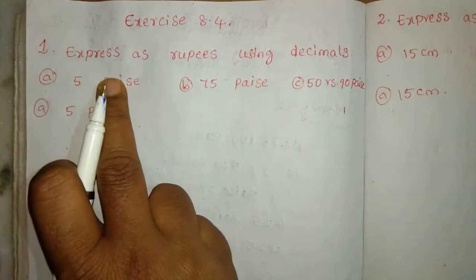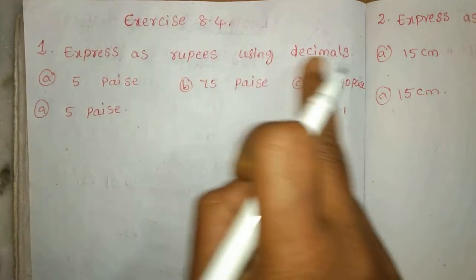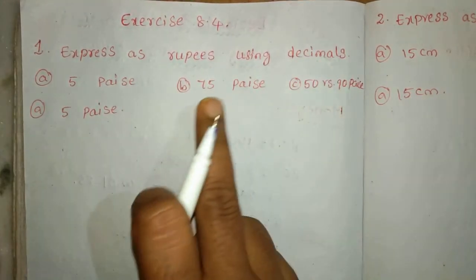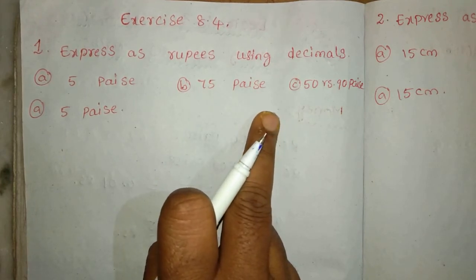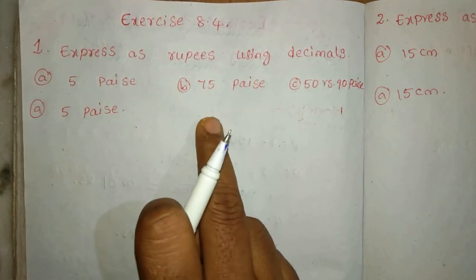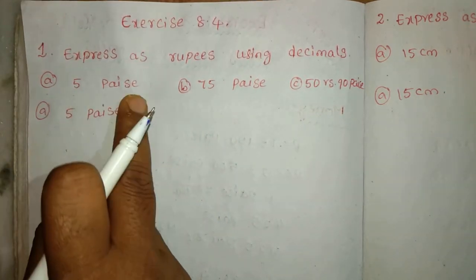Let us see the first question. Express as rupees using decimals. Here paise is given, so this should be expressed in terms of rupees. The first one: 5 paise.